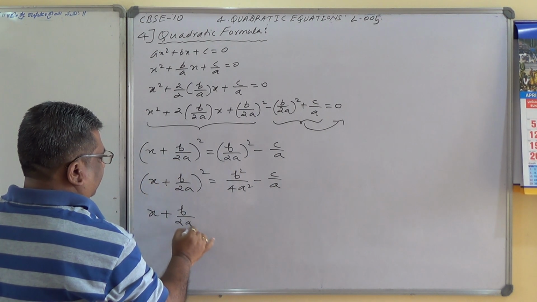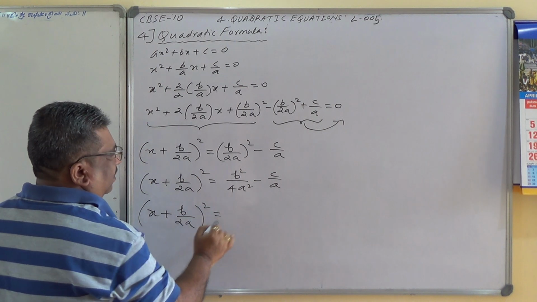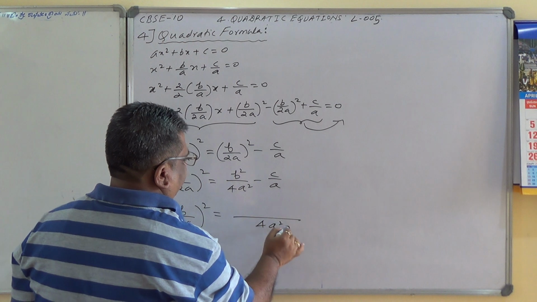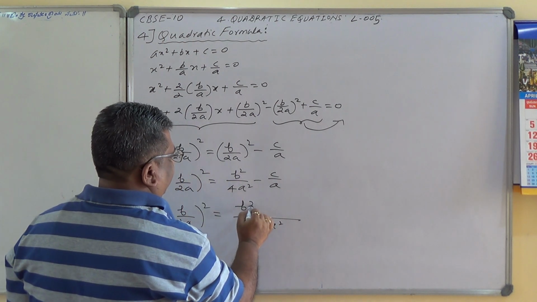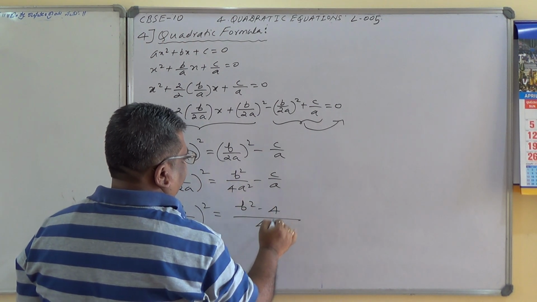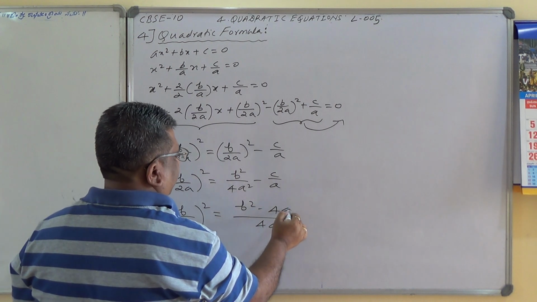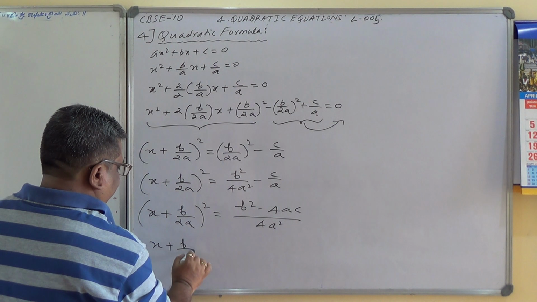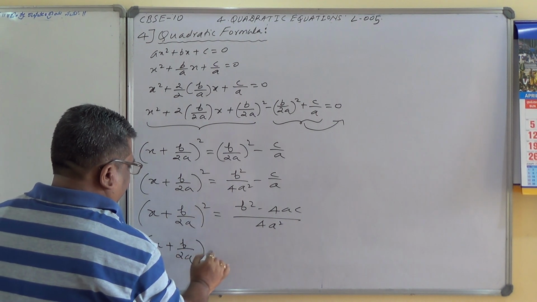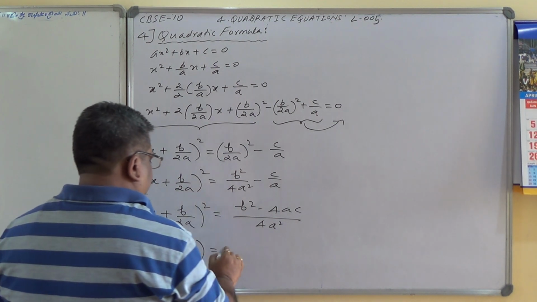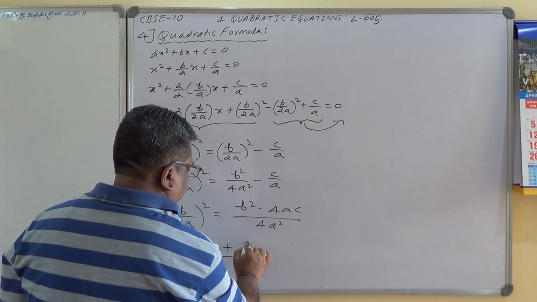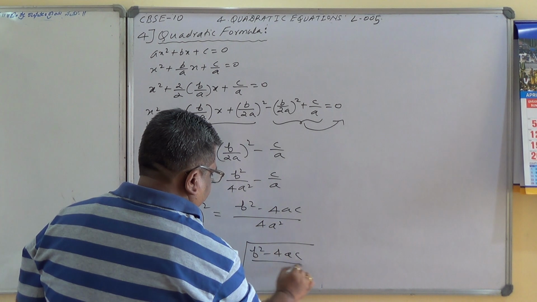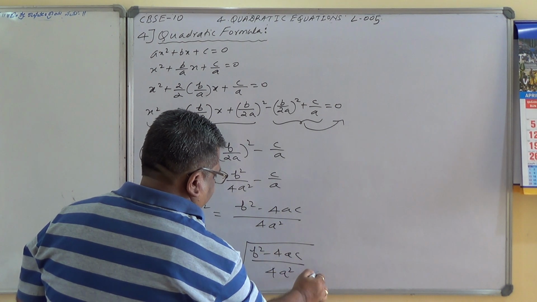So x plus b by 2a the whole square equals, what is the LCM here? 4a square. So here I get b square minus 4, a cancels, ac. Therefore x plus b by 2a equals plus or minus under root of this, this is what we get, isn't it?